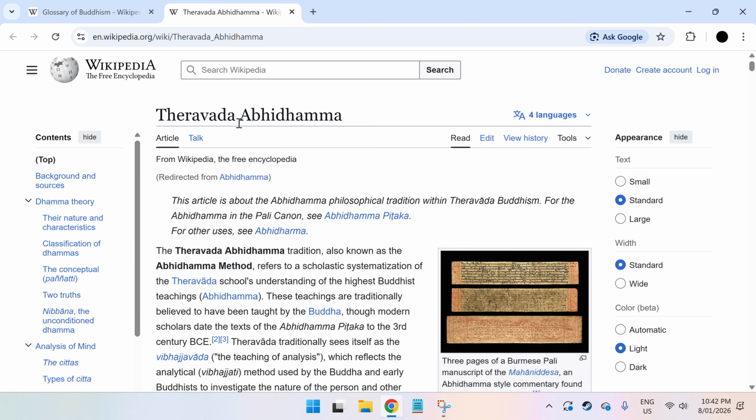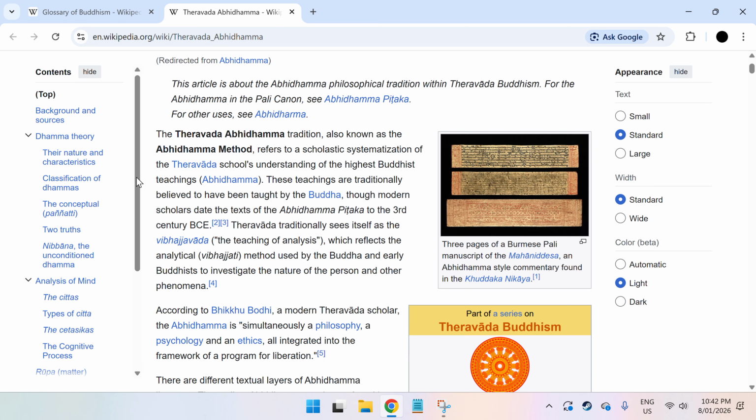Theravāda Abhidhamma. The Theravāda Abhidhamma tradition, also known as the Abhidhamma method, refers to a scholastic systemization of the Theravāda school's understanding of the highest Buddhist teachings, Abhidhamma. These teachings are traditionally believed to have been taught by the Buddha, though modern scholars date the texts of the Abhidhamma Pitaka to the 3rd century BCE.